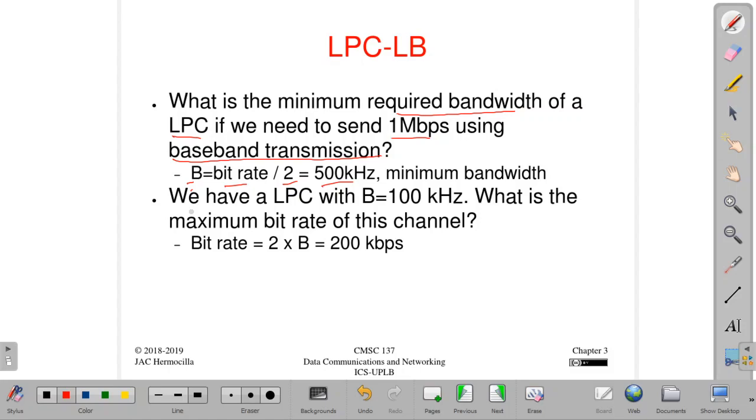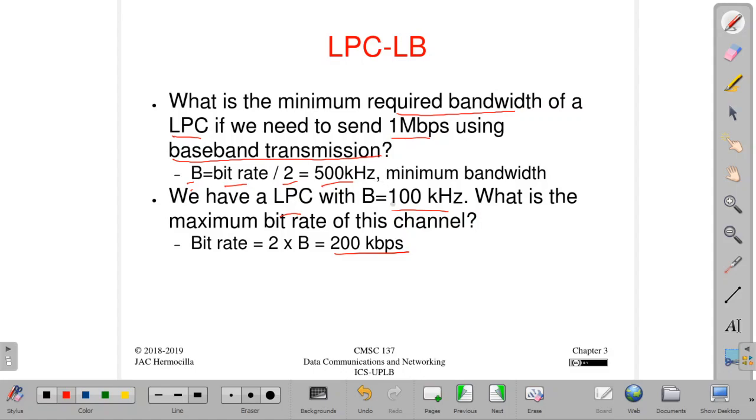So another problem is, what if we have a low pass channel with a bandwidth of 100 kilohertz? What is the maximum bit rate of the channel? So bit rate is equal to 2 times the bandwidth, which is 200 kbps. Okay, so notice the difference in the unit.